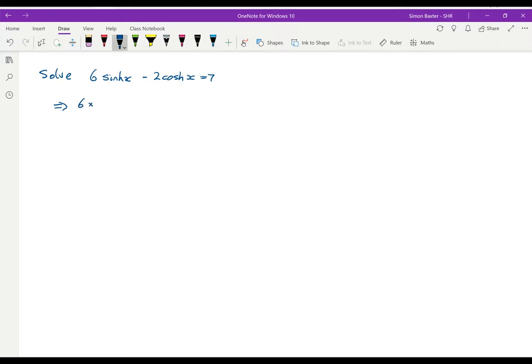I get 6 times a half e to the x minus e to the minus x, minus 2 times a half e to the x plus e to the minus x, equals 7. This gives me 3e to the x in the first bracket minus e to the x in the second.